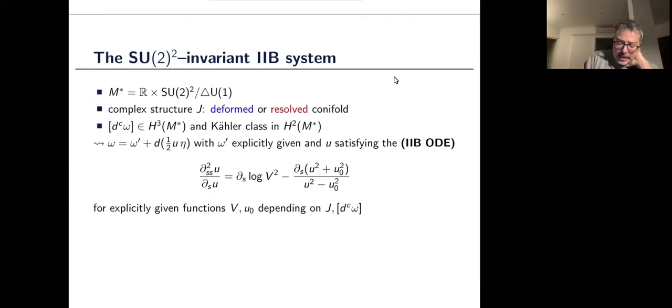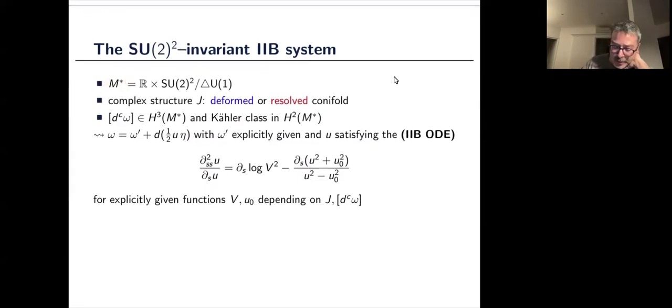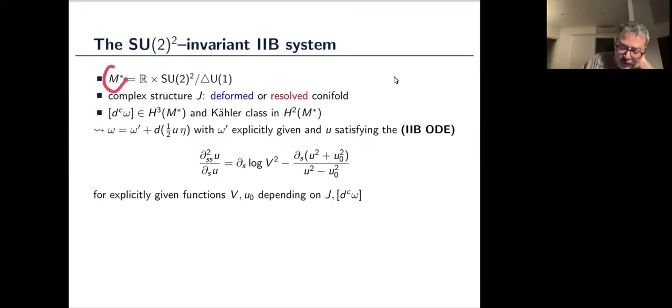So I have a six-manifold now. What's the setup? I have a six-manifold M acted on by SU2 times SU2 with homogeneity 1.